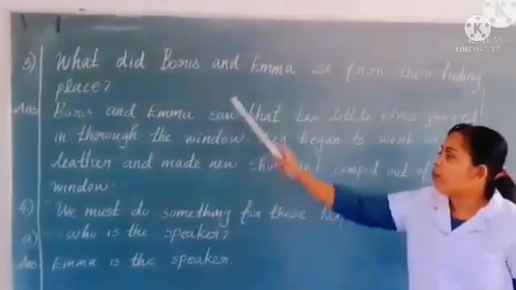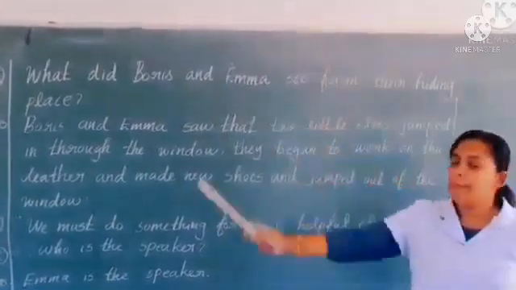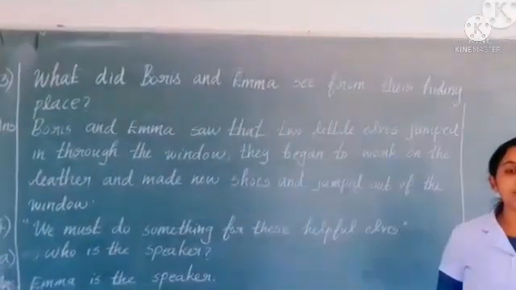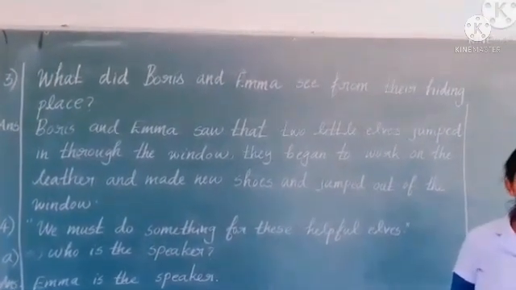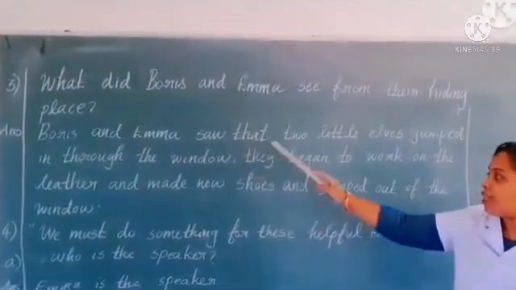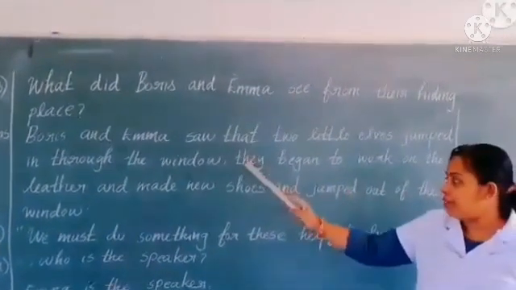Third question, what did Boris and Emma see from their hiding place? They hid behind the door of their workshop. And what did they see? Boris and Emma saw that two little elves jumped in through the window.